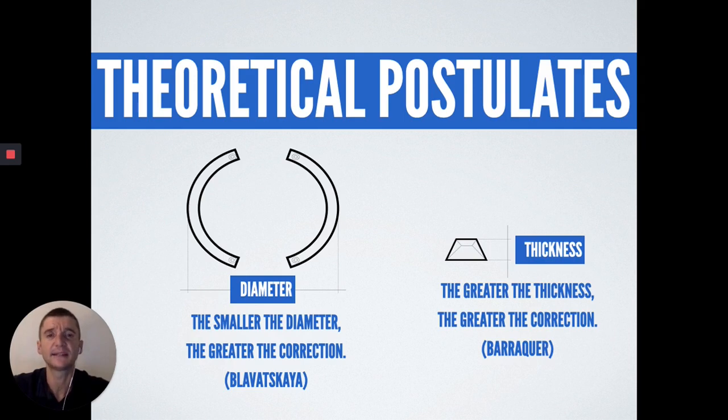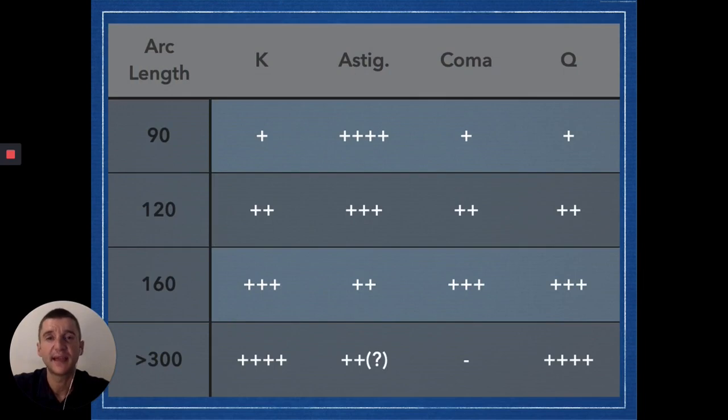We cannot forget the classical postulates of Blavatskaya and Barraquer, so we can comprehend the mechanism and effect of our ring segments. To understand that, it's important how each one of them acts modifying the shape of the cornea.